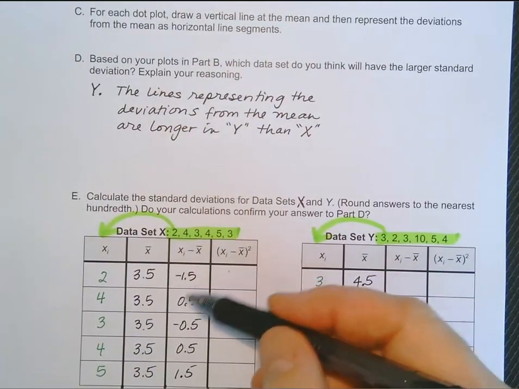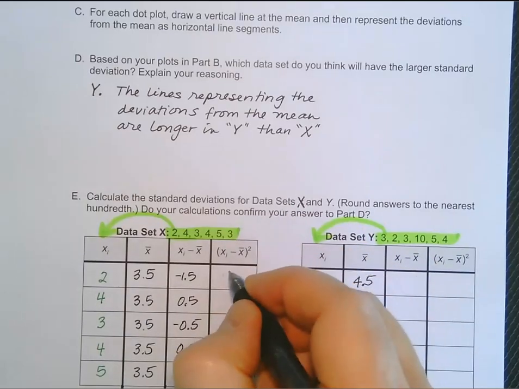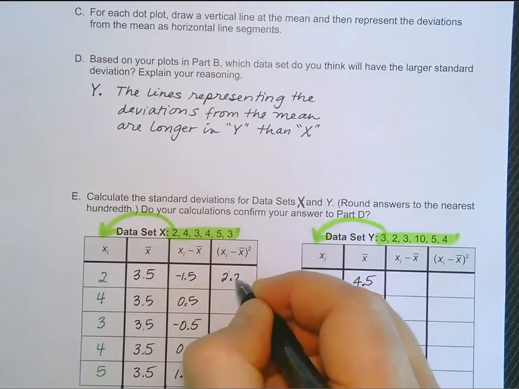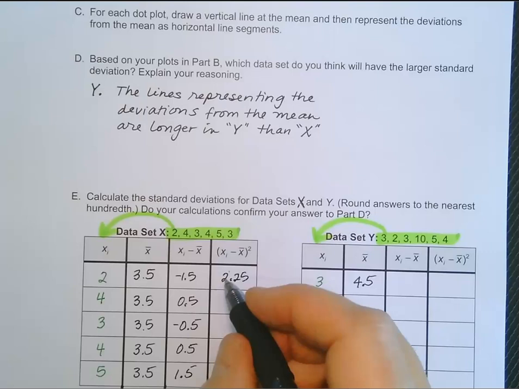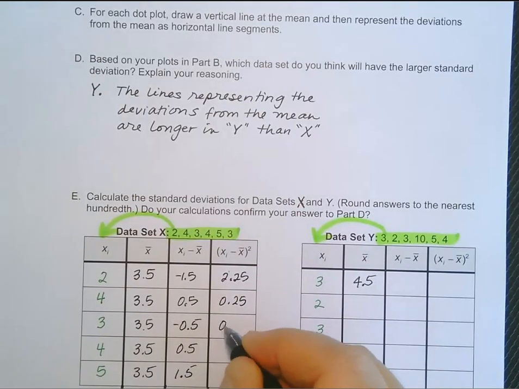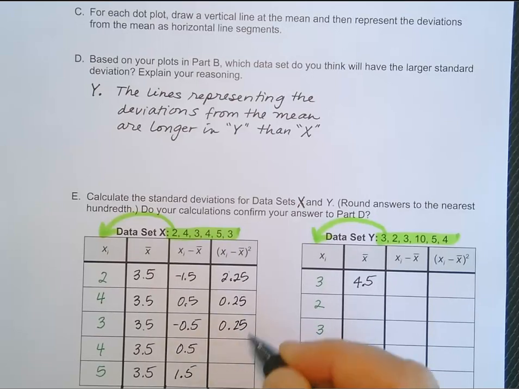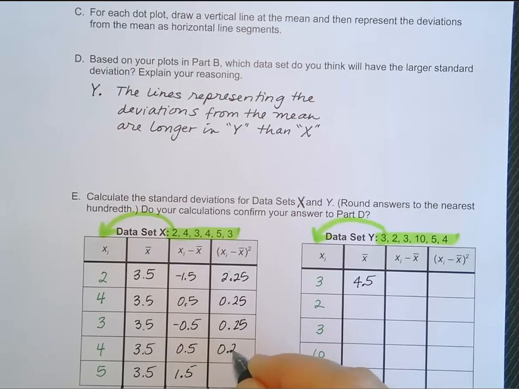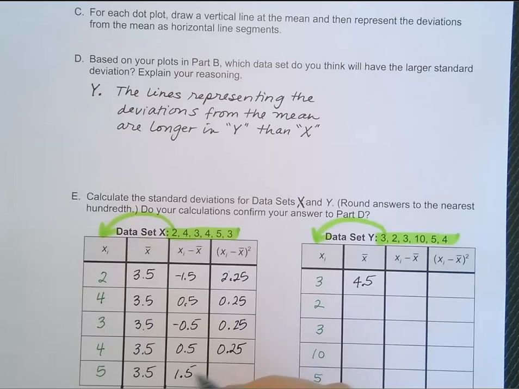And then remember, you have to square each one of those. So this is going to be, I'll just tell you, 2.25 when you square negative 1.5. This is 0.25. This is 0.25. This one's 0.25. And then 1.5, that's 2.25. And then this is 0.25.